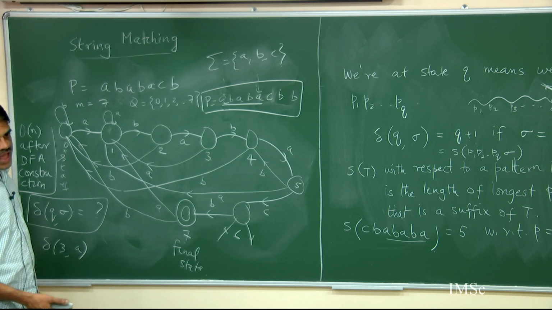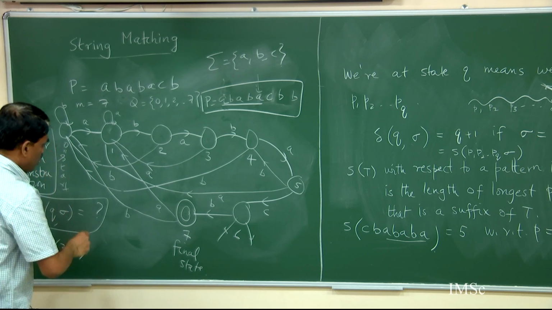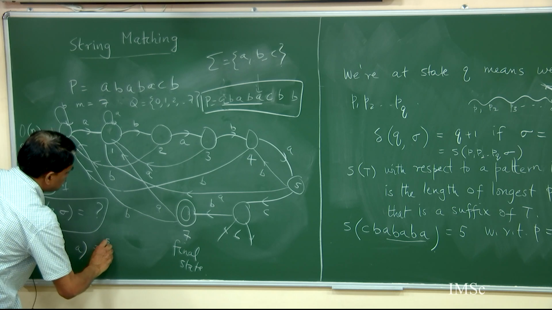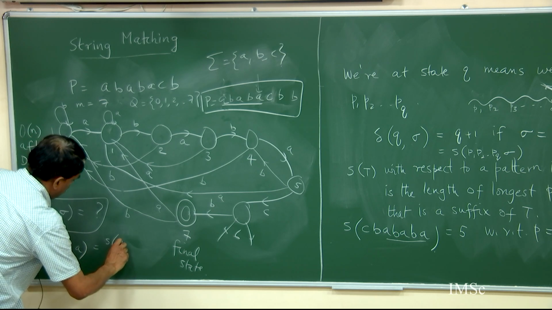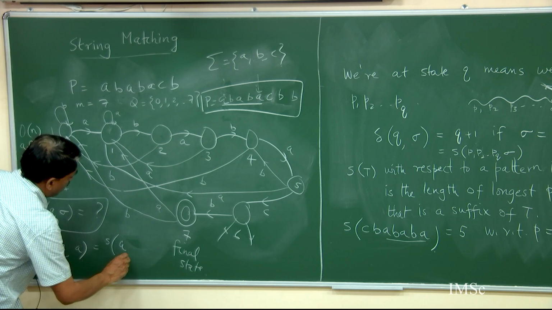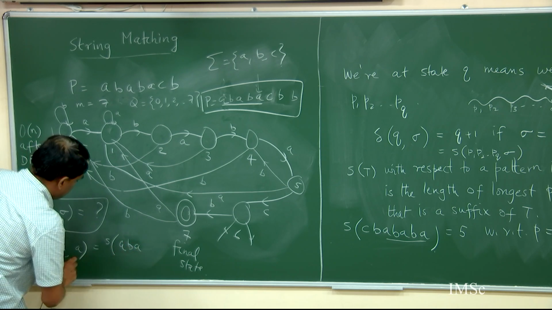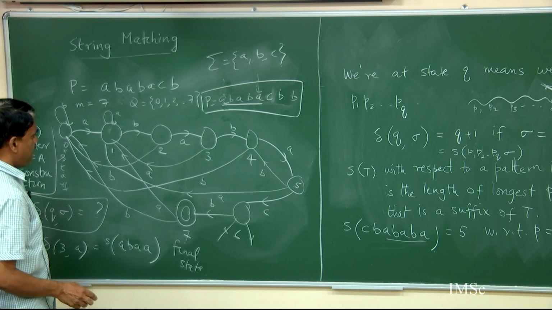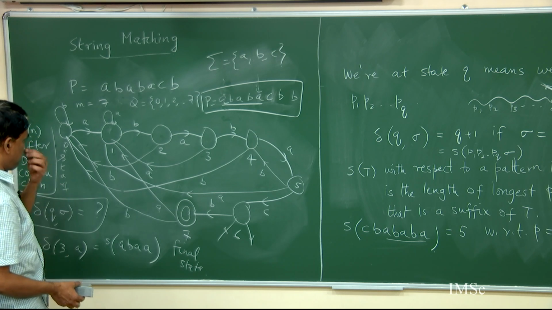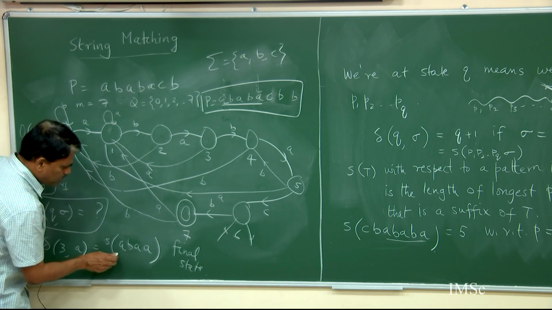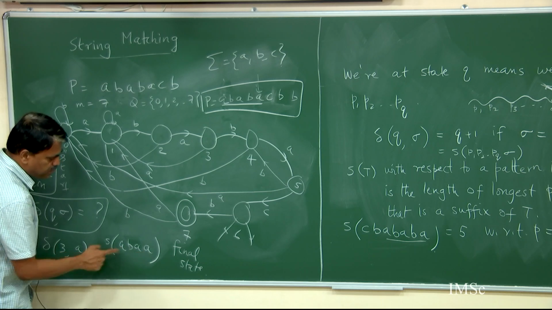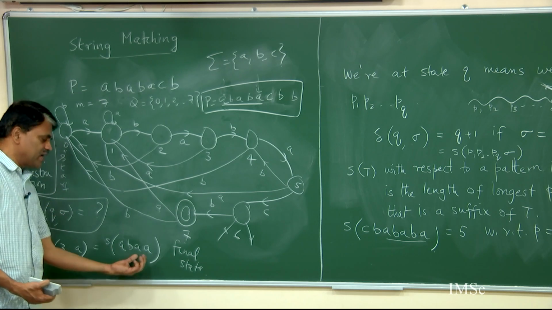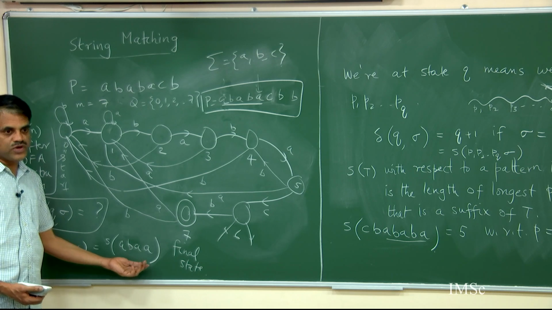Fourth character is A. So what I do is now look at what I already matched, 3, and now I got an A, ABAA, right, and see what is the length of the longest prefix of the pattern which is sitting in the suffix, and that is where I go.